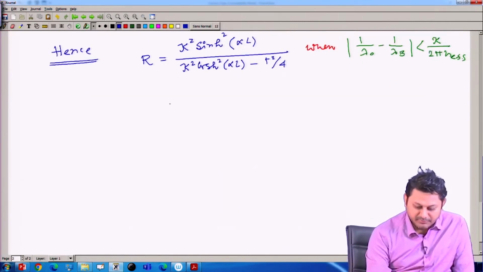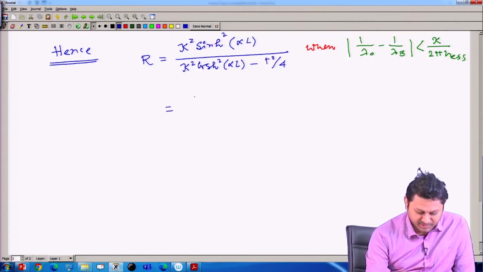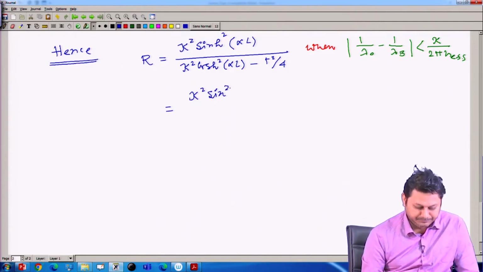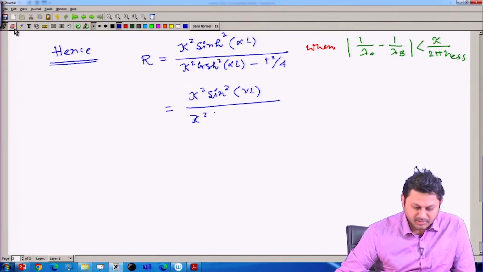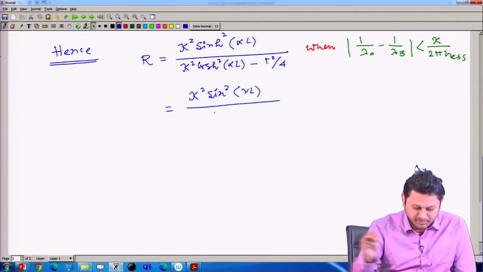The expression of the R is going to change, and this expression will be kappa square sine square gamma L divided by, sorry, it is not kappa square, there is a slight change here, you need to be careful enough.